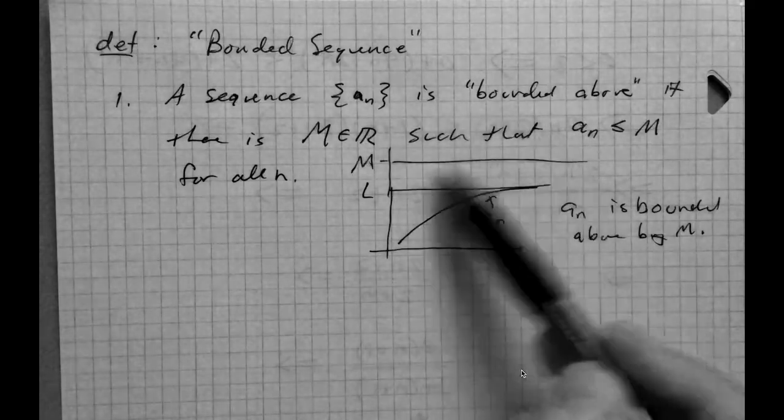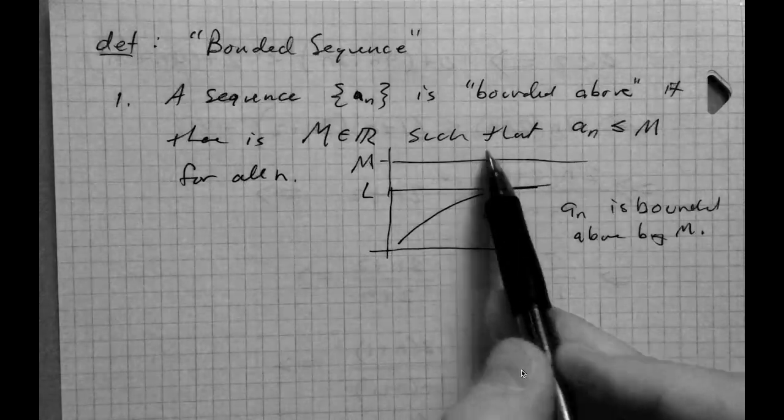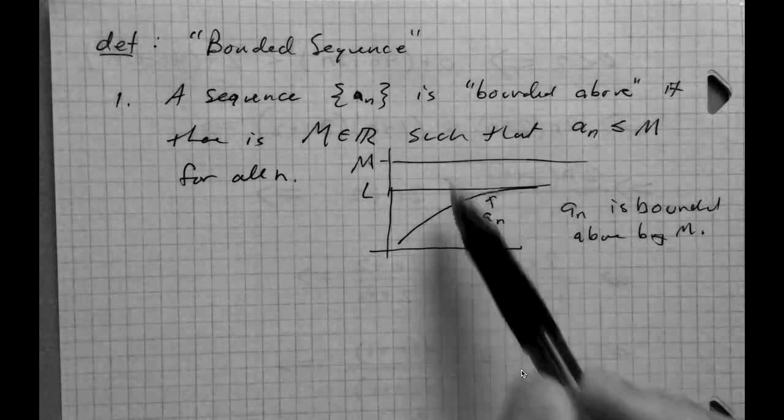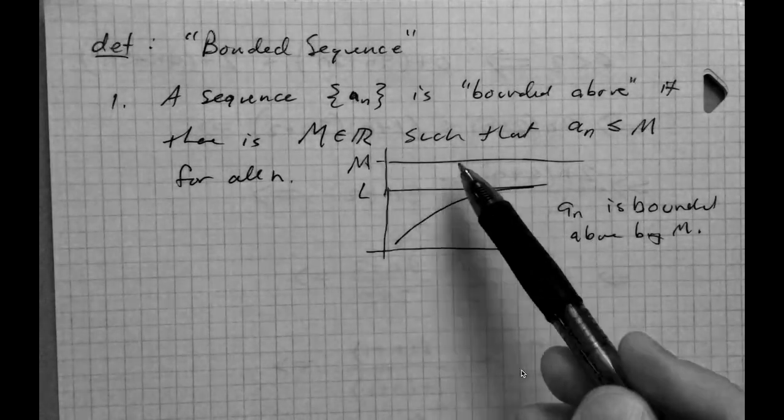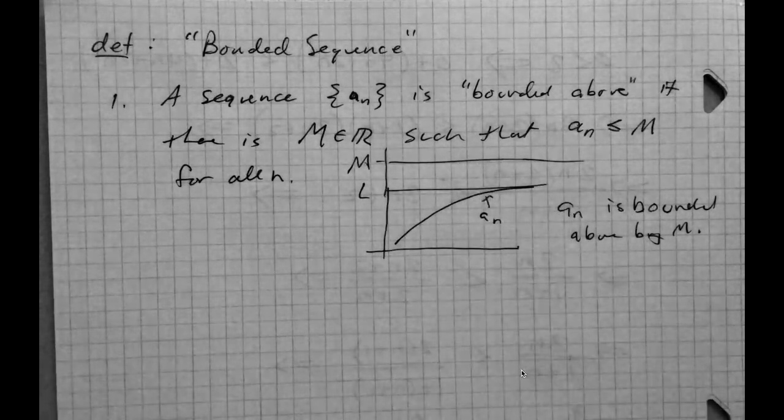This is not a very interesting example, but all this says is that M is some real number that's larger than every term of the sequence.